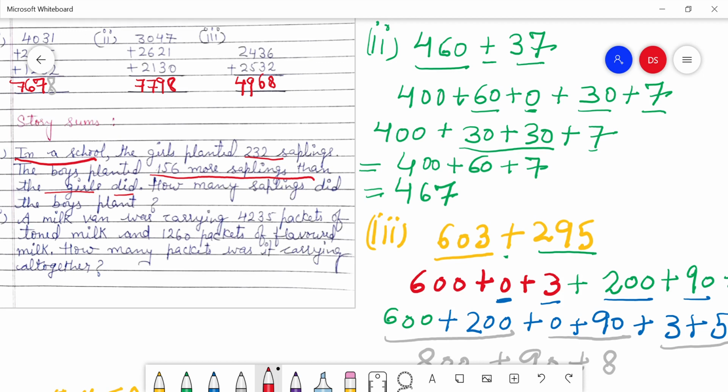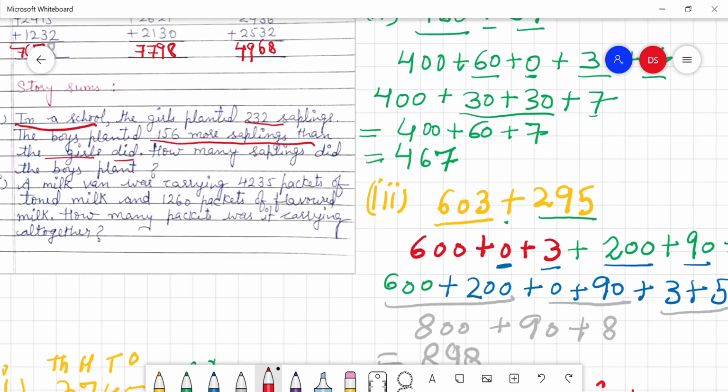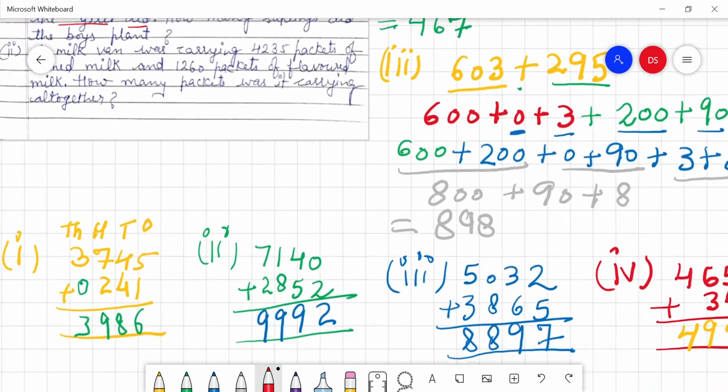So we have the number of saplings the girls planted. This is 232, and boys planted 156 more than girls. So we will add both numbers to get the number of saplings planted by boys. So in this way we know that we have to add the numbers.